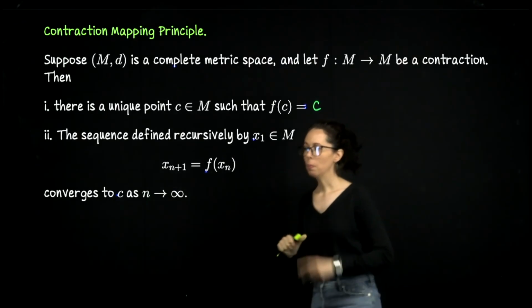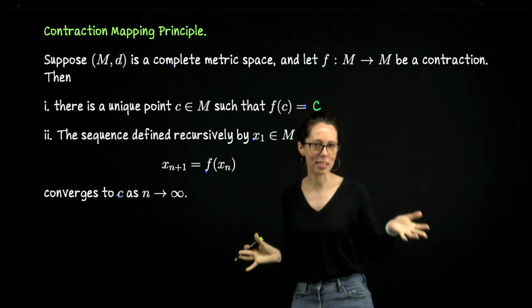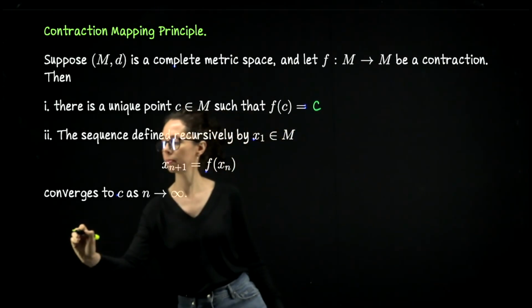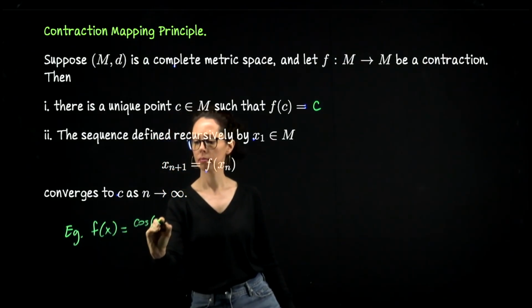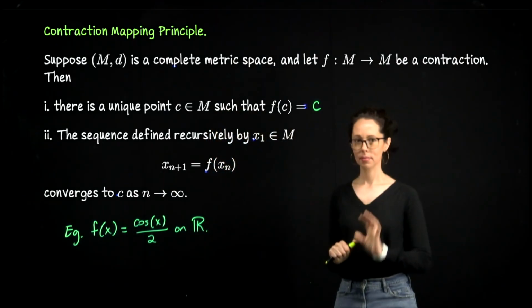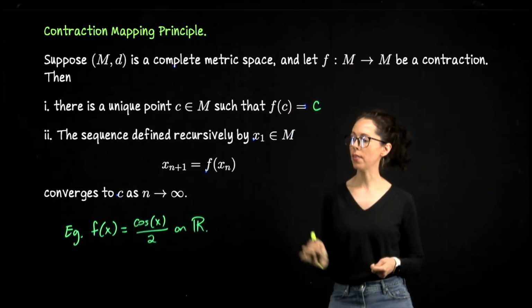Let me give you an example. We did sine of x over 2 earlier. The fixed point for that is 0. So that's not very fun. But cosine of x over 2 is also a contraction on R. This is going to be a contraction with the exact same argument using the mean value theorem as we saw with sine of x over 2.